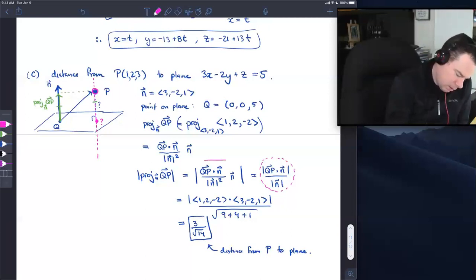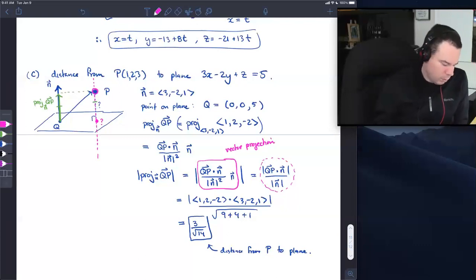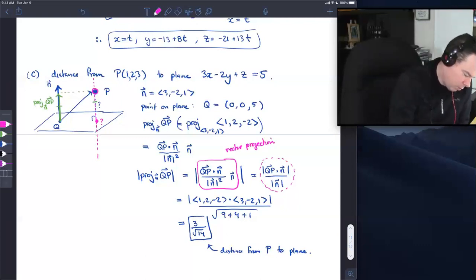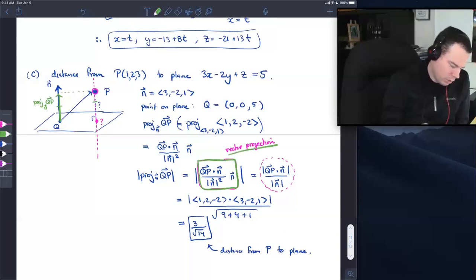This here is the vector projection, because what we did was we found, maybe I should put that in green because in our diagram, that's what it is. So this is that vector in the diagram. So that's our vector projection.